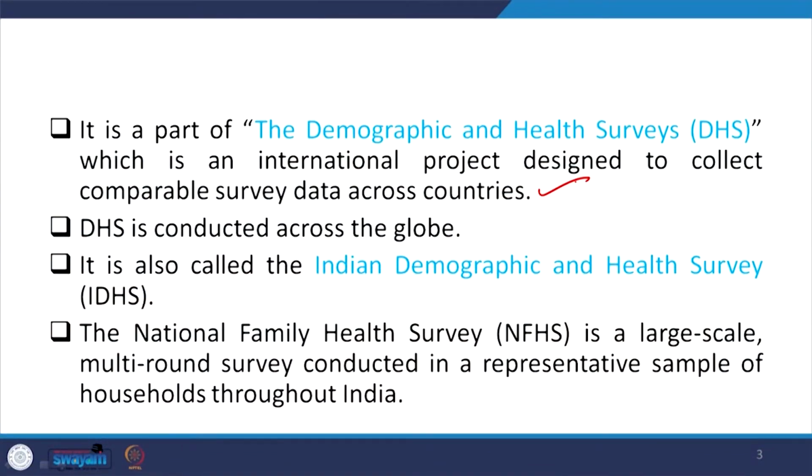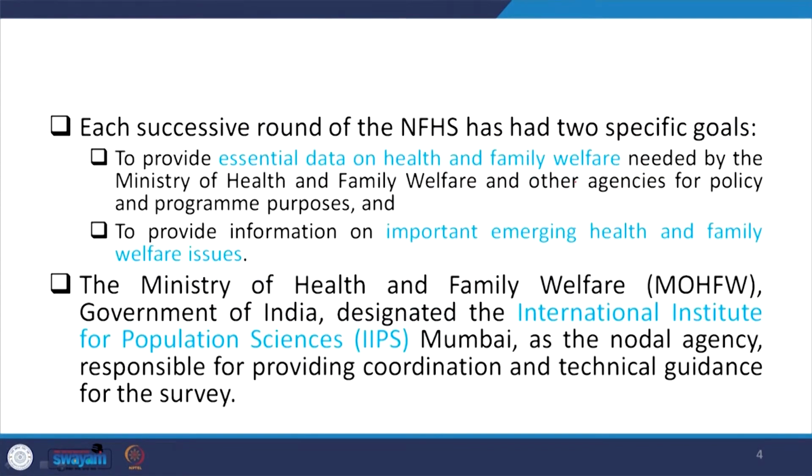The National Family Health Survey is a large scale multi-round survey conducted in a representative sample of households throughout India. Now, we are going by the 5th episode of NFHS, though the 5th episode data is not yet available to the public, but it is at the verge of finalization.